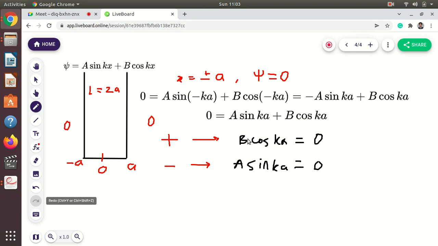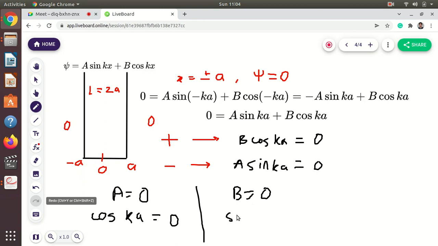So a and b cannot be equal to 0 at the same time. So there can be two possibilities here. First one, if a is equal to 0, then cos ka is equal to 0. If b is equal to 0, then sin ka must be equal to 0. This second condition looks familiar from the previous condition.